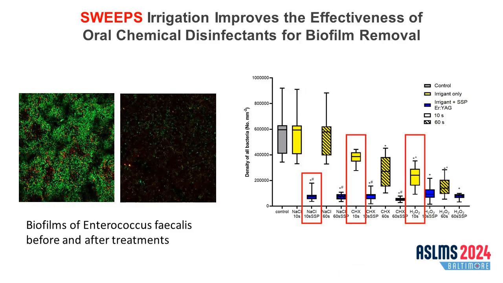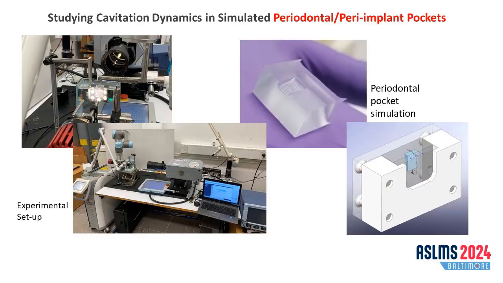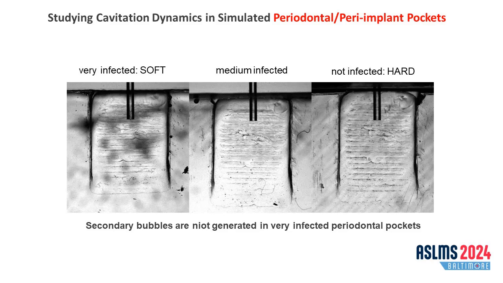So what we found out is that this shockwave generation supported by sweeps results in improved effectiveness of biofilm removal using chemical disinfectants. The challenge with periodontal pockets is that in endodontic canals, the walls are hard, dentinal walls. In a periodontal pocket, one side is soft.